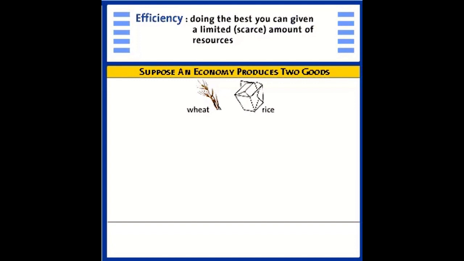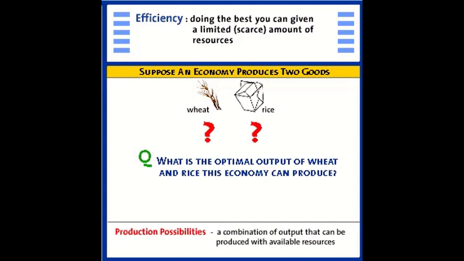That is, using all of the resources that are left over that aren't producing rice and making the largest quantity of wheat possible. That's what we mean when we refer to efficiency, getting the most you can out of your limited quantity of resources. Now, I want to describe the production possibilities of a particular economy.